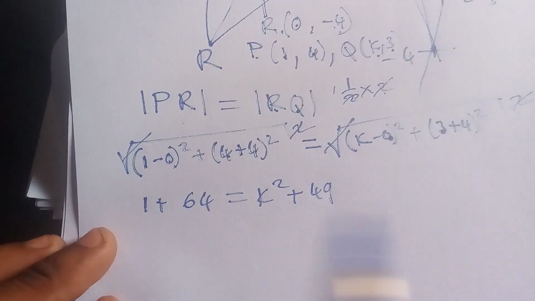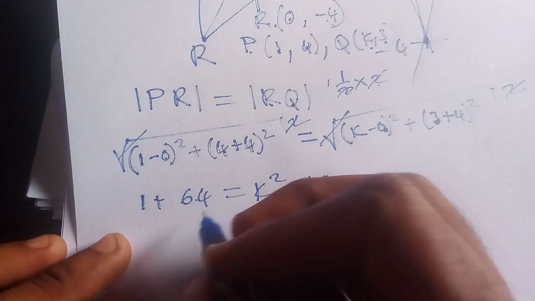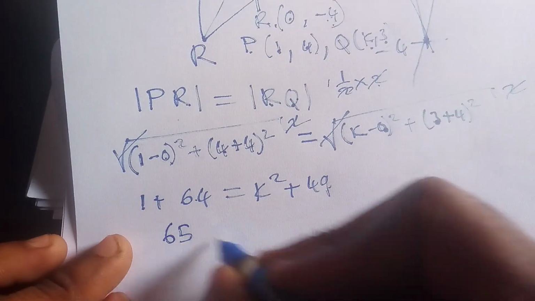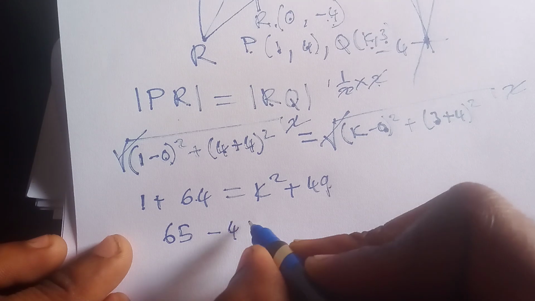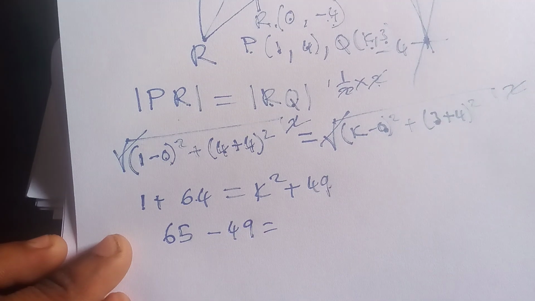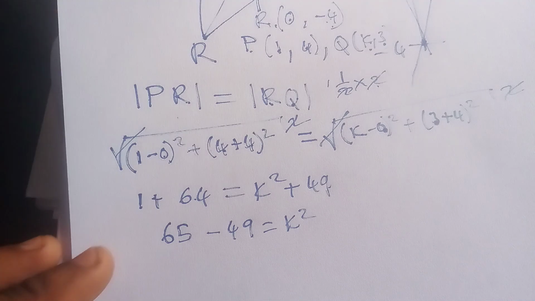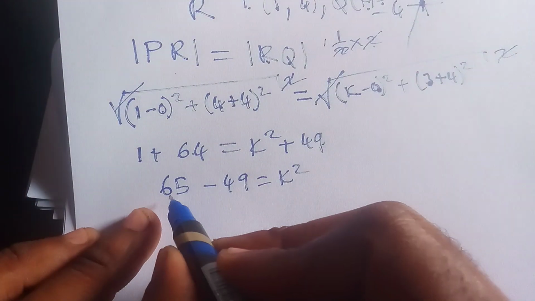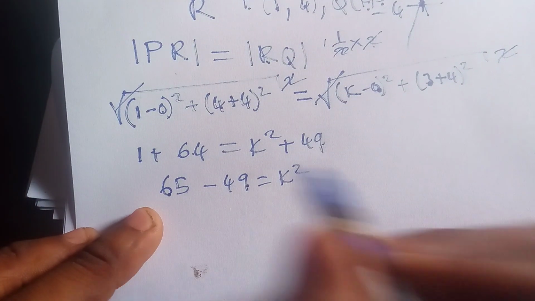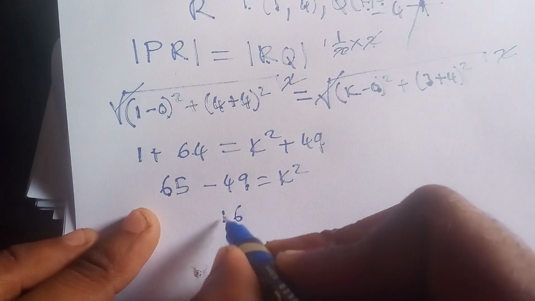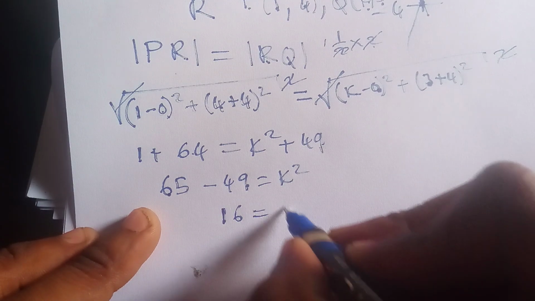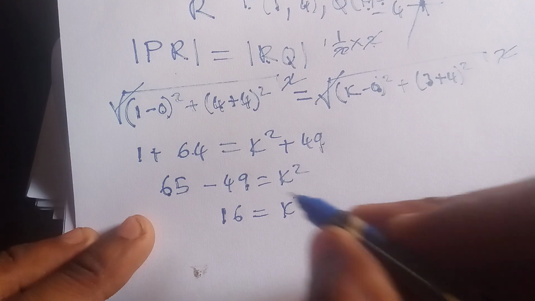And then you can collect the like terms. 1 plus 64 is 65. You bring the 49 this side, and then this is your k squared. 65 minus 49 is simply 16, I think. So k squared equals 16.